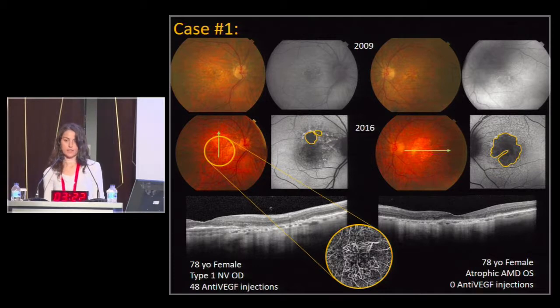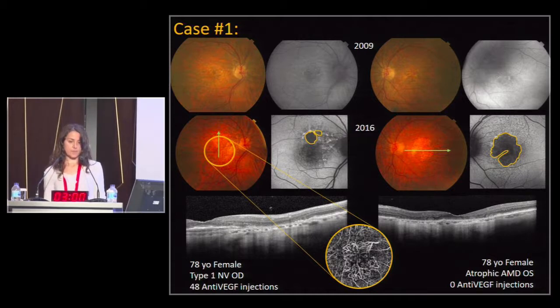But look at the fellow eye, the left eye, with no intravitreal injections at all. She has developed a large area of geographic atrophy. So sometimes we think that anti-VEGF injections predispose to the development of geographic atrophy, but it's really going to depend on the type of lesion.